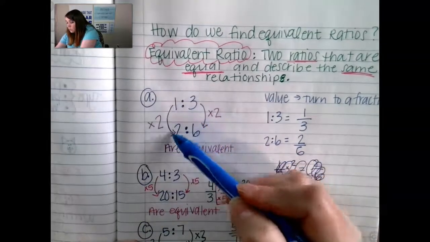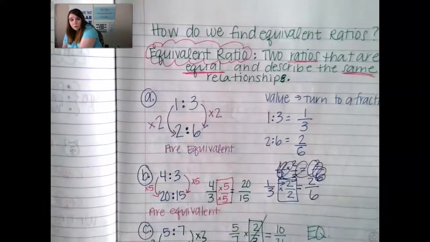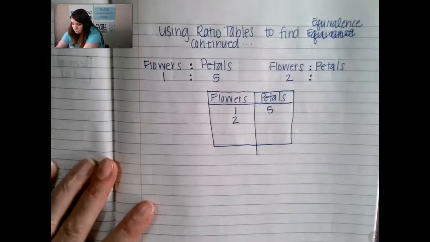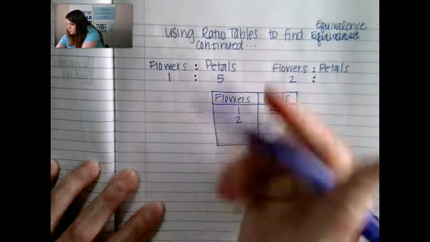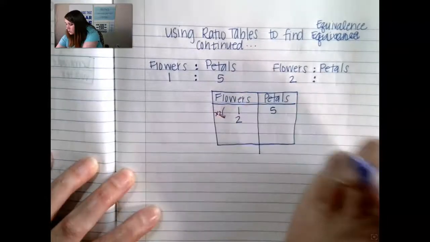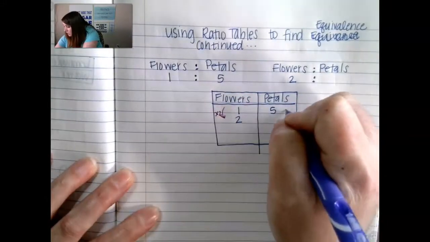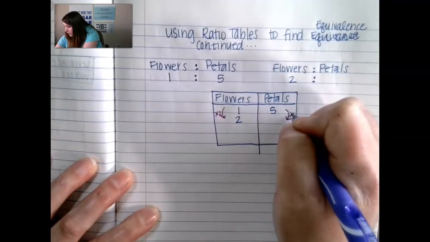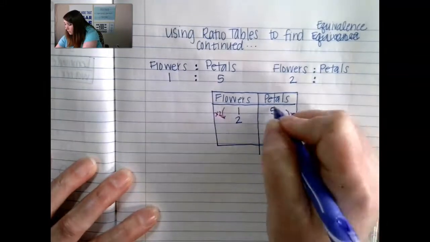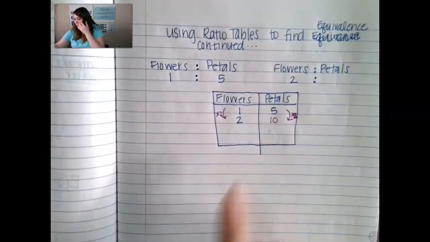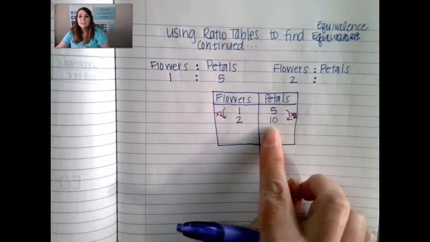On this one, we're going to do the downward arrows. So how do I get from 1 to 2? Well, I multiplied by 2. So over here, to get from 5 to this box, I also need to multiply by 2. Well, 5 times 2 is 10. So my answer that goes in this box is 10.